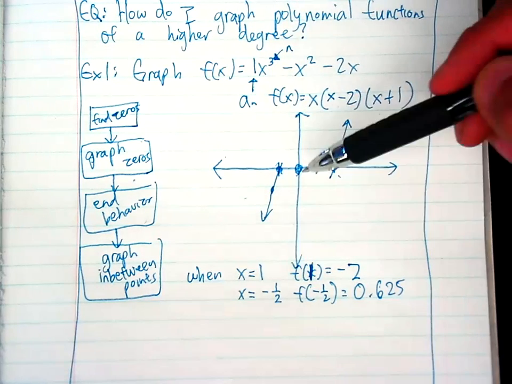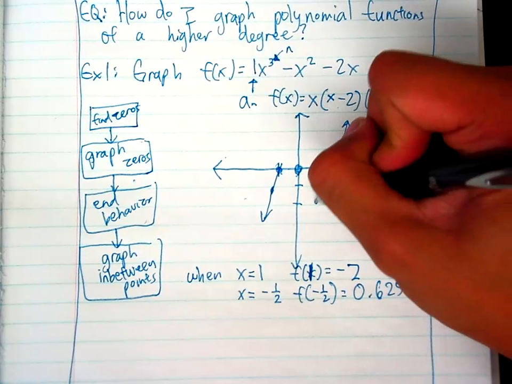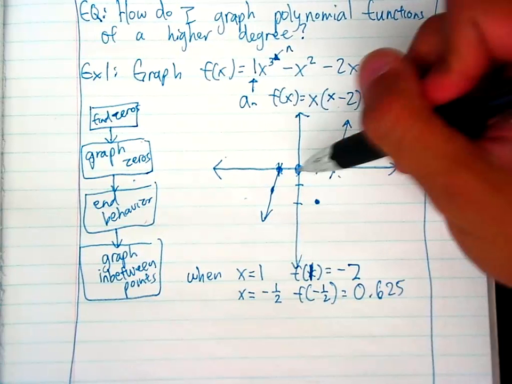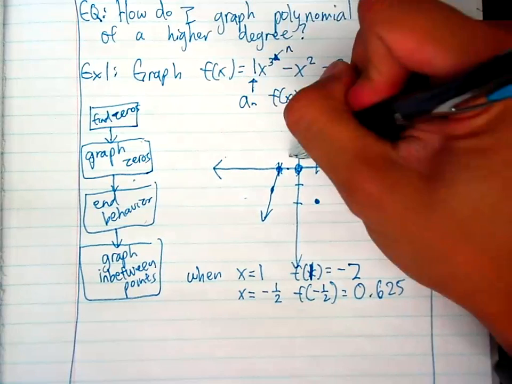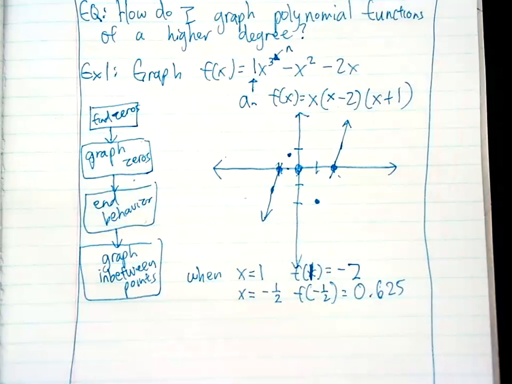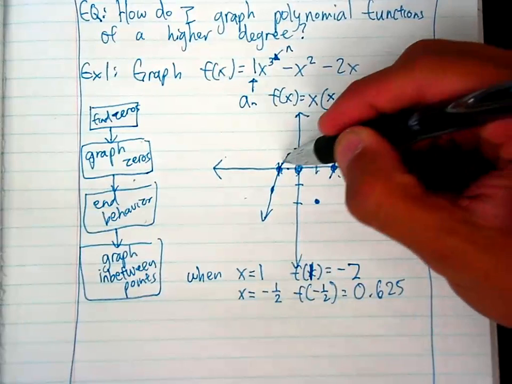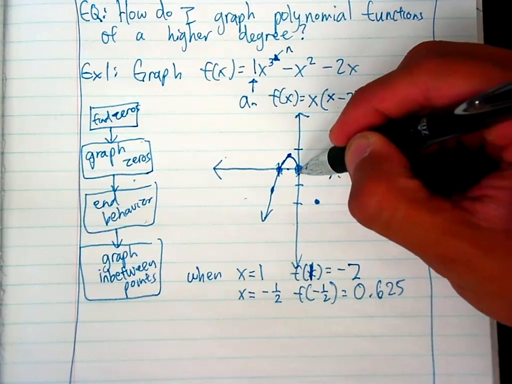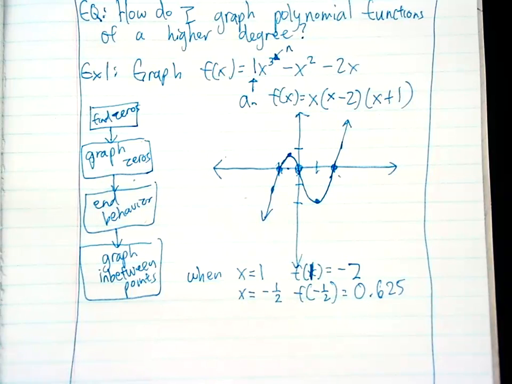So when x is 1, it's negative 2, so I'm going to go down 2. And when x is negative 1/2, it's going to be 0.625. So it's somewhere here. So now that I've graphed some in-between points, I should know how the graph goes. It should go up here, come straight down. It should go up here, come straight down, and there is my graph.